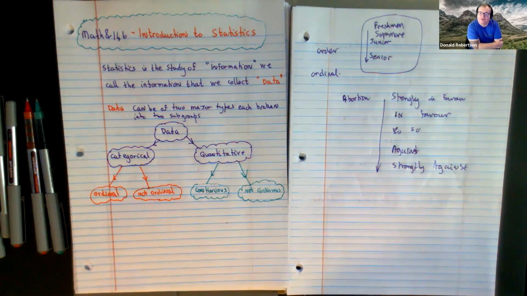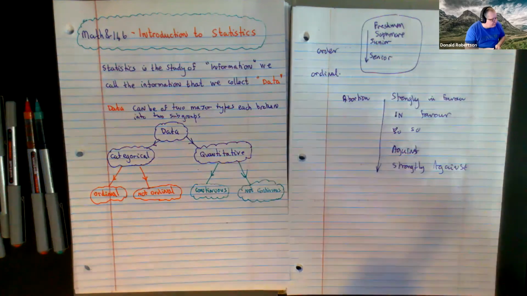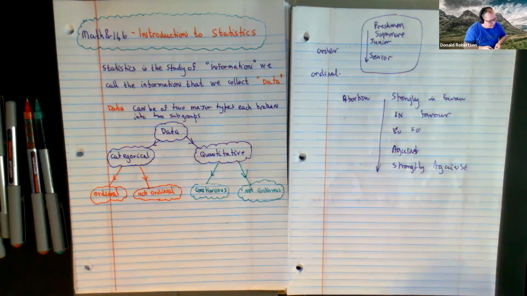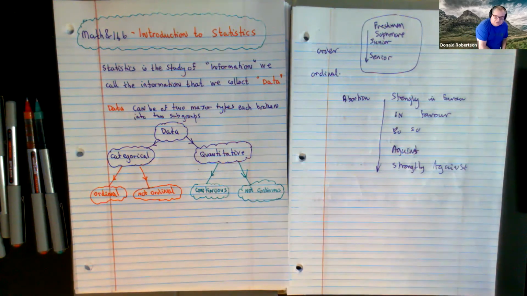Try to think of some others. Anybody got an idea while I'm thinking of one myself? Some categorical data, some data that has a natural order to it. Kind of hard off the top of my head to think of one.